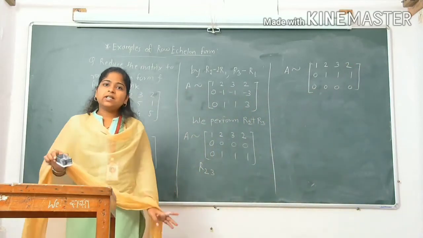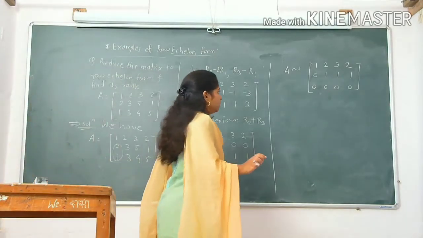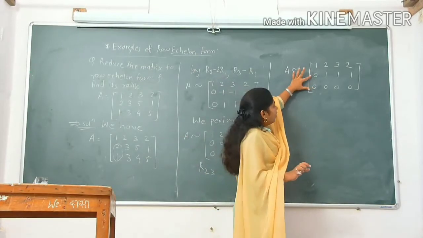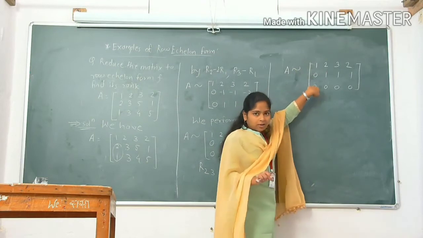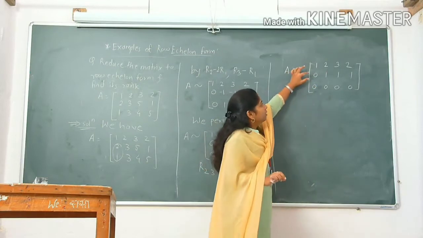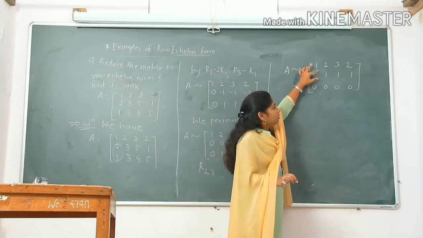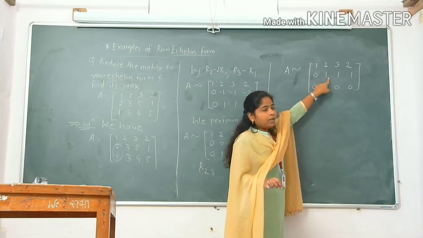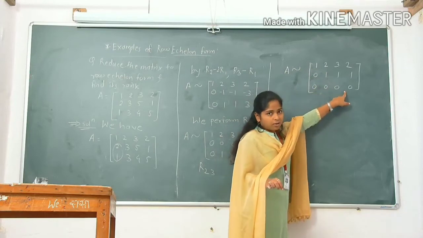Now let us check whether this matrix is in row echelon form or not. Here in A, all the first non-zero rows precede the zero row. Then the number of zeros preceding the first non-zero element in the second row is less than the number of zeros in the third row.